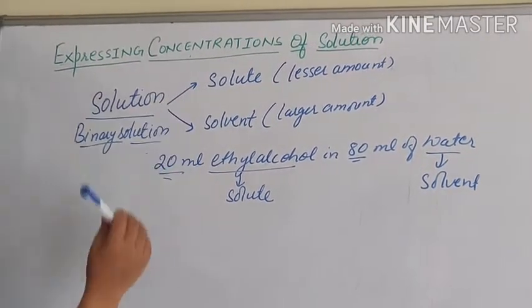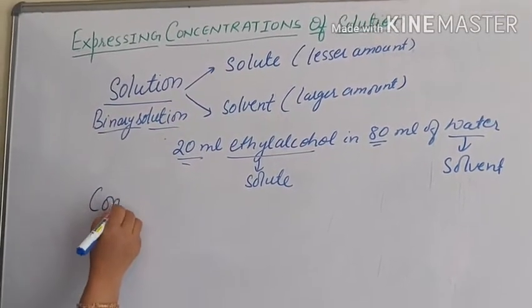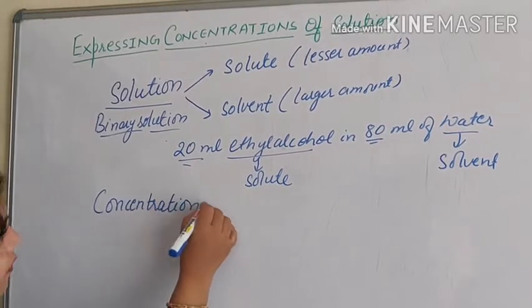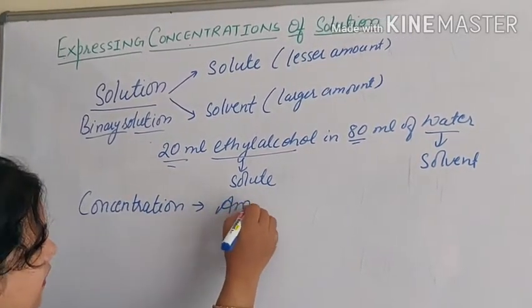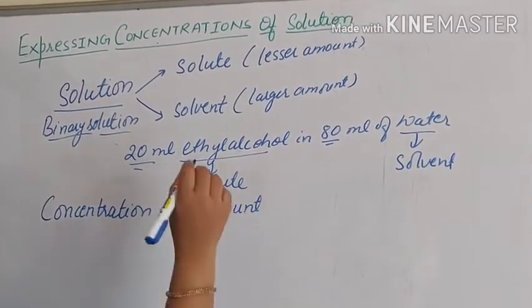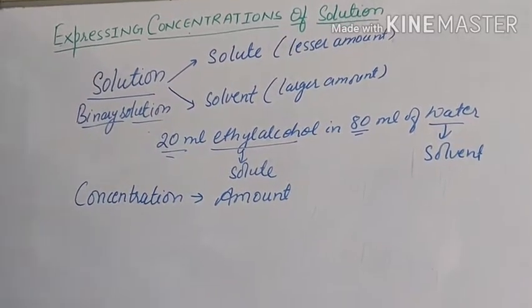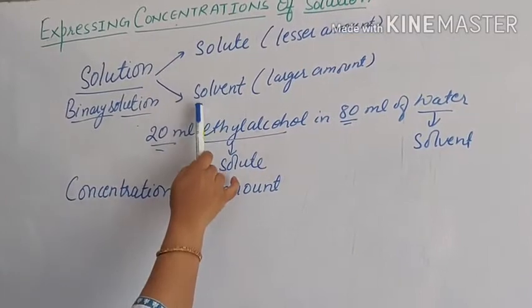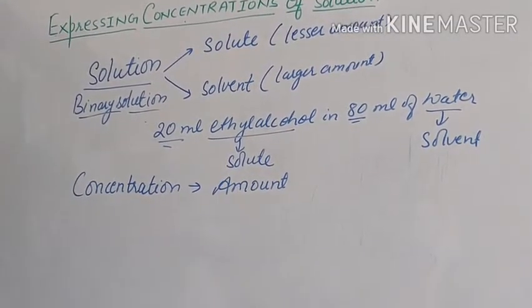Now let's see what is the meaning of concentration. Concentration means amount. In chemistry we use different methods for expressing the amount of solute present in a definite quantity of solvent.